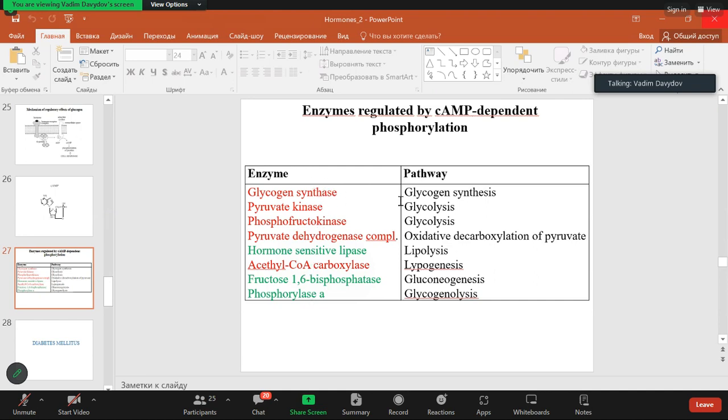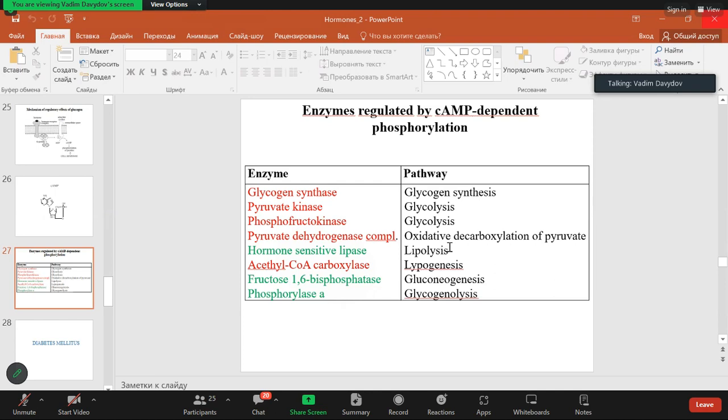For that reason, glucagon decreases synthesis of glycogen, decreases the rate of glycolysis, decreases the rate of oxidative decarboxylation of pyruvate, and decreases the rate of lipogenesis. On the other side, phosphorylation of hormone-sensitive lipase, fructose 1,6-bisphosphatase, and phosphorylase A brings about their activation.